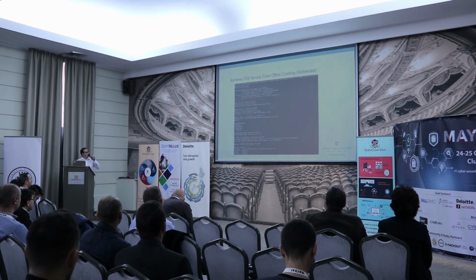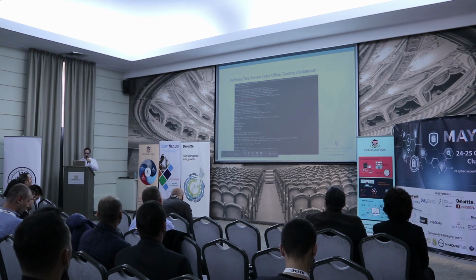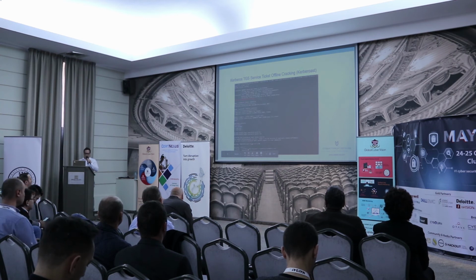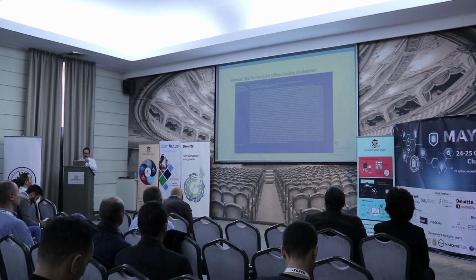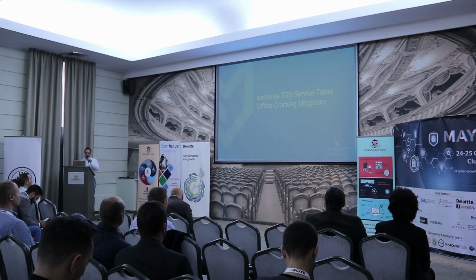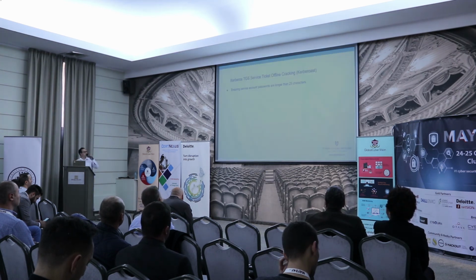Yeah, this is how it looks when you decrypt the hashes. It's down here, but I don't think it's viewable. This one decrypts the hash of MS SQL service. Okay, how to mitigate this?